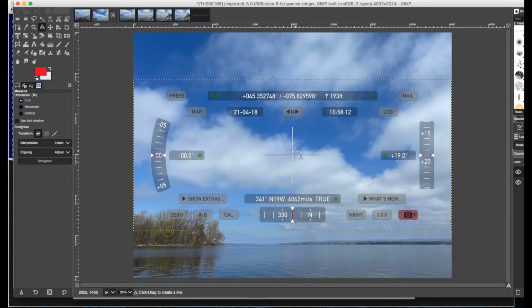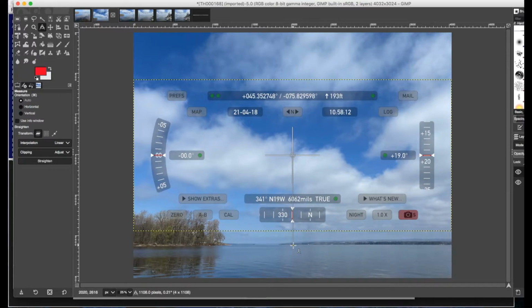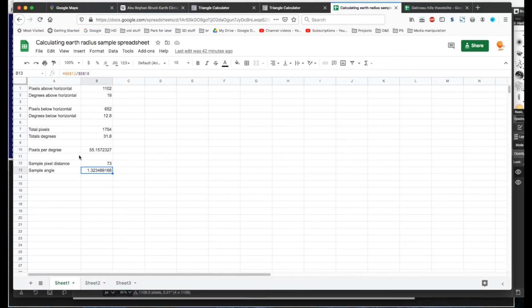So I took one pointing a little bit further up in the air, and then I took another one pointing down, and the idea would be if I could measure this distance, knowing that 657 pixels is 12.8 degrees, and I took this measurement knowing that 1108 pixels is 19 degrees, I could work out how many pixels per degree that setting should be, the total pixels by the total degrees, to get 55.15 pixels per degree.